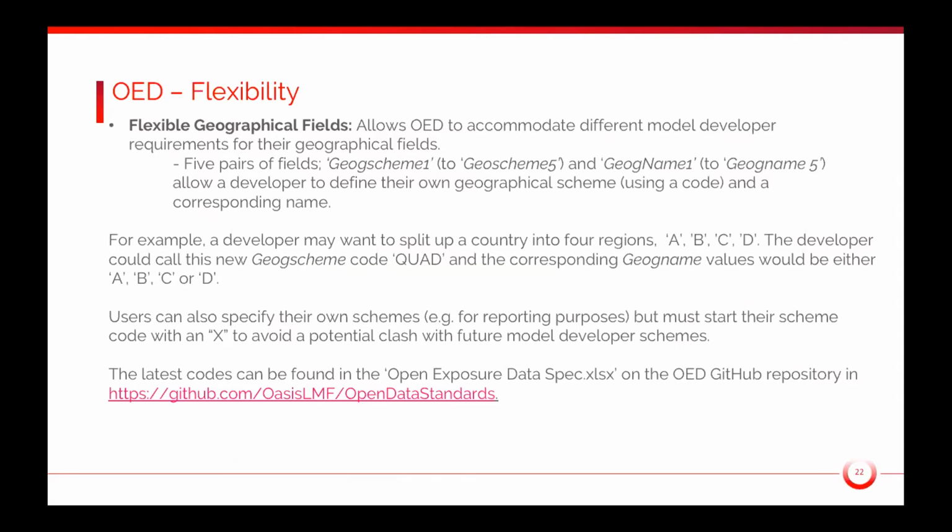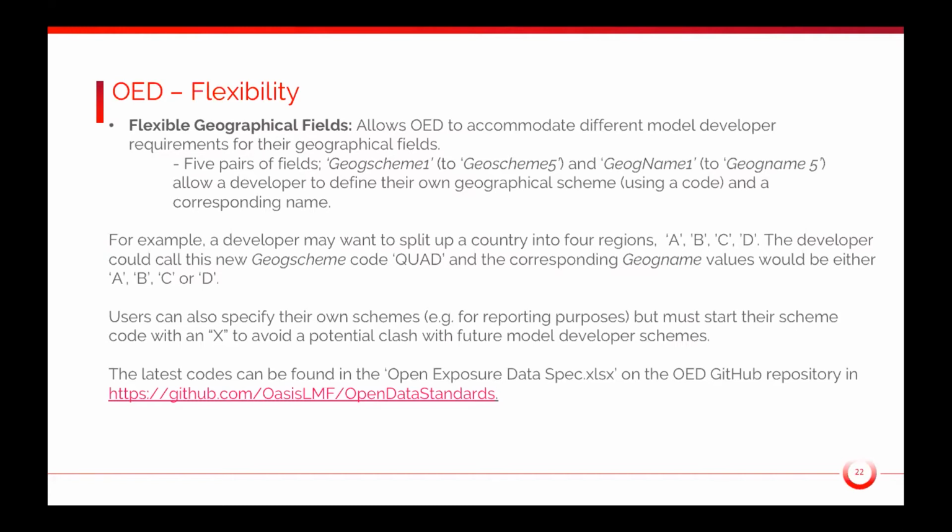So the example we've used here, which is the one we use in the documentation, is that a developer might want to split a country up into 4 regions, A, B, C, D, and your scheme could be called quad, for example. So you would just essentially put quad and then use A, B, C, and D for the name. And this is just a way to include your specific or unique, if you have one, geography schemes.